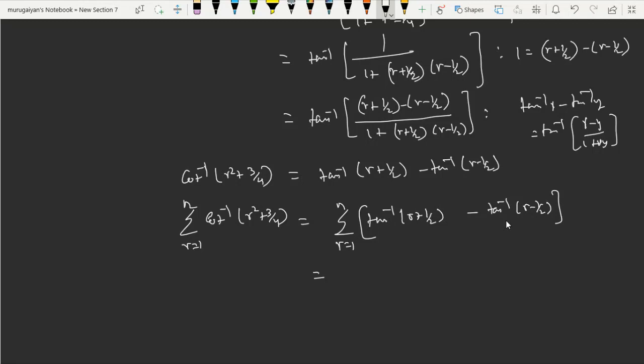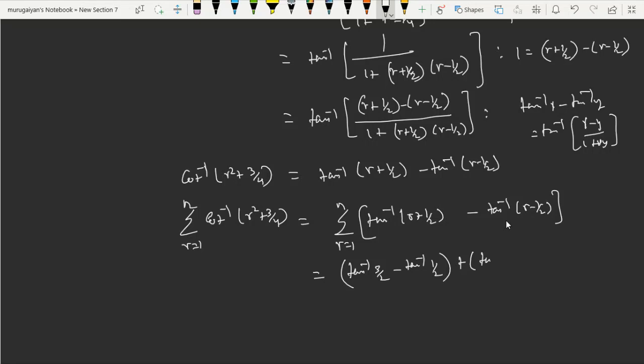So tan inverse of 1 minus 1 by 2 is tan inverse of 1 by 2. For r equal to 1: tan inverse of 3 by 2 minus tan inverse of 1 by 2. This is the first term. Second term, take r equal to 2.